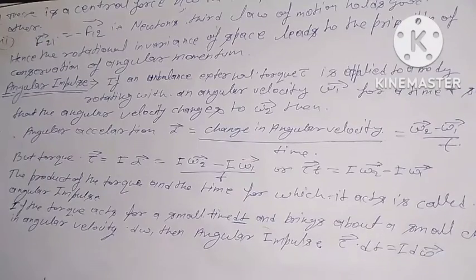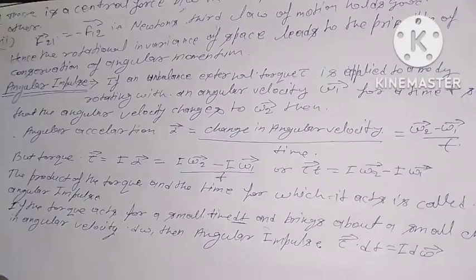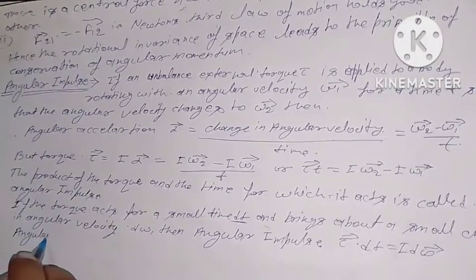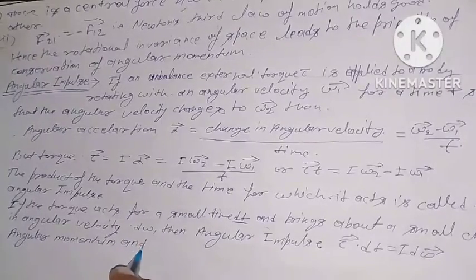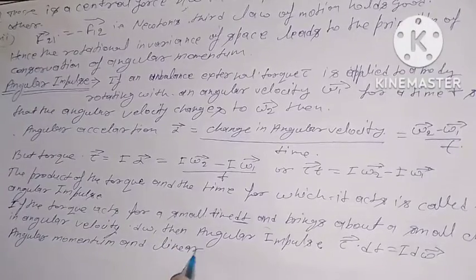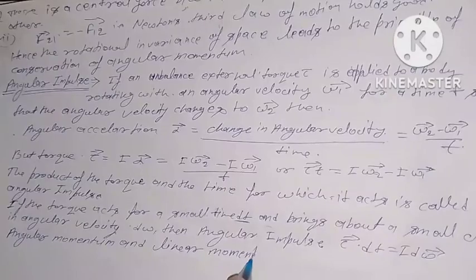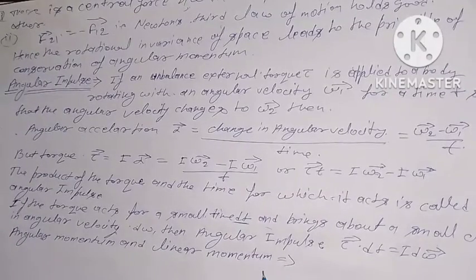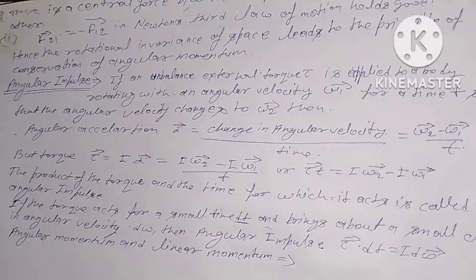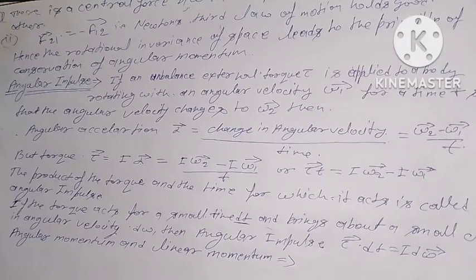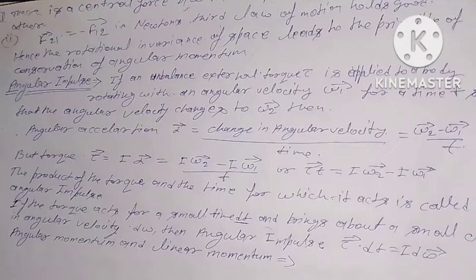Angular momentum and linear momentum. Linear momentum is the product of mass and linear velocity, whereas angular momentum is the product of moment of inertia and angular velocity.